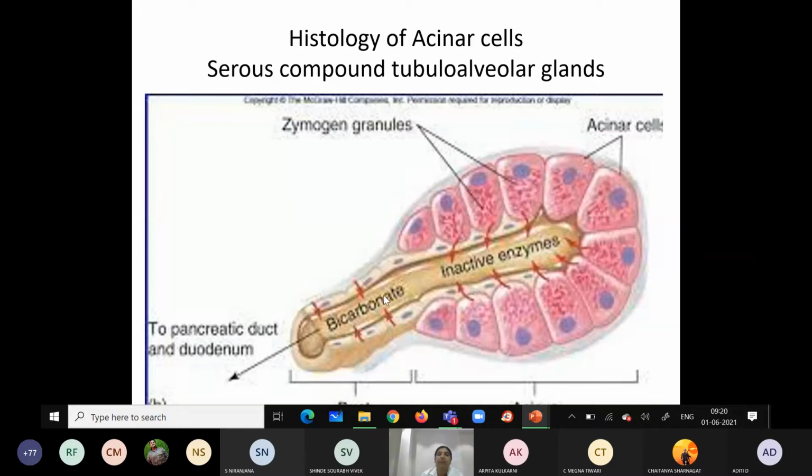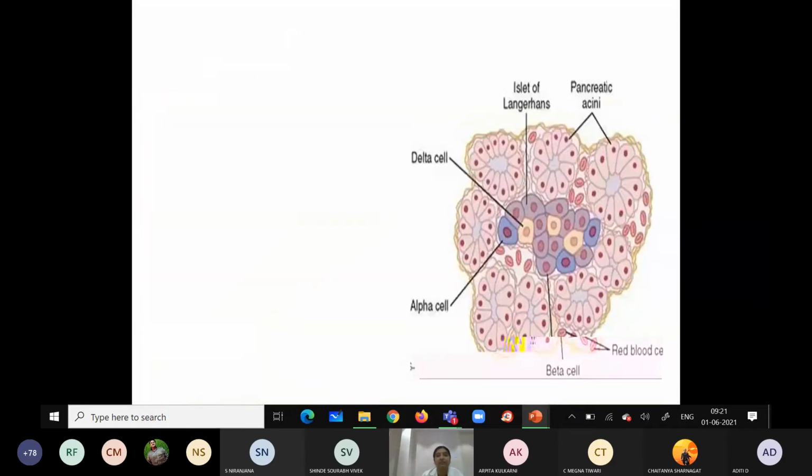Then bicarbonate and chloride exchange occurs, especially in the columnar cells, the aqueous portion of pancreatic juice that is secreted from the columnar cells lining the duct part. So remember, acinar cells are heavily loaded with zymogen granules. They release the stored enzymes in the inactive form in the interlobar ducts, and then the bicarbonate and others are secreted later. So this is the basic structure of the acini.